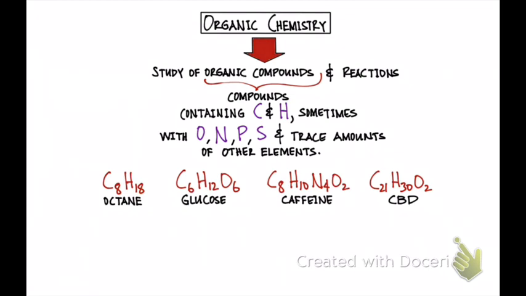And if you notice, these organic compounds contain the main two elements, carbon and hydrogen. So what makes a compound an organic compound is that it has to contain at least these two elements, carbon and hydrogen. For example, carbon dioxide is CO2, so it doesn't contain hydrogen.